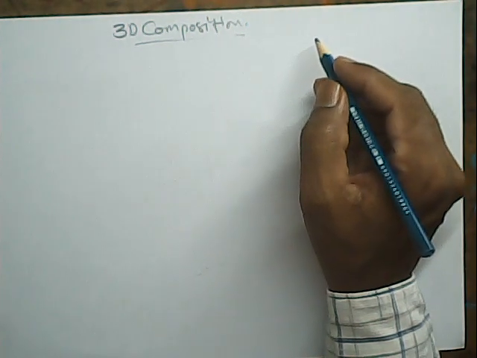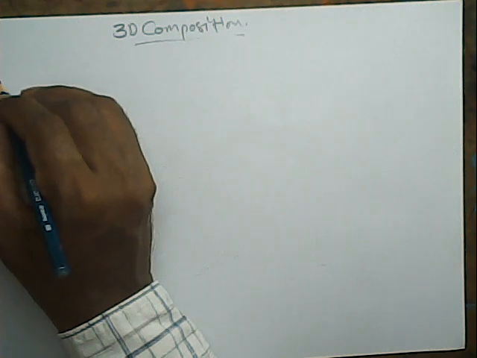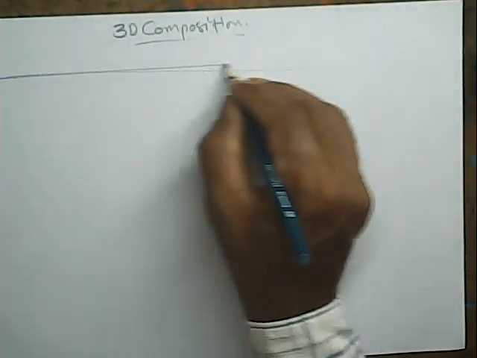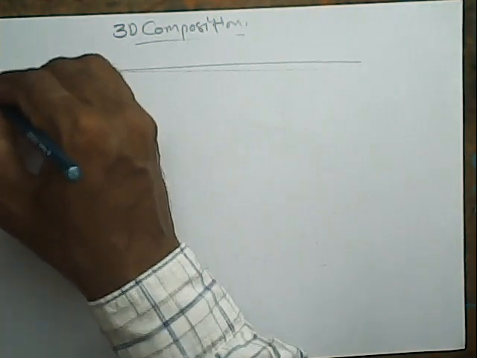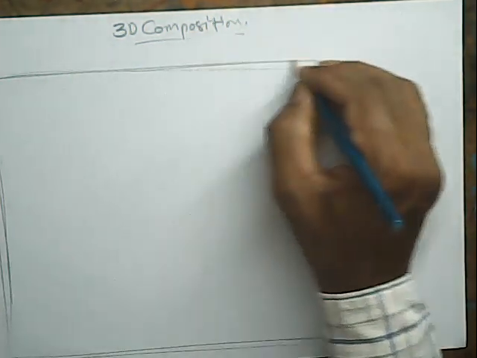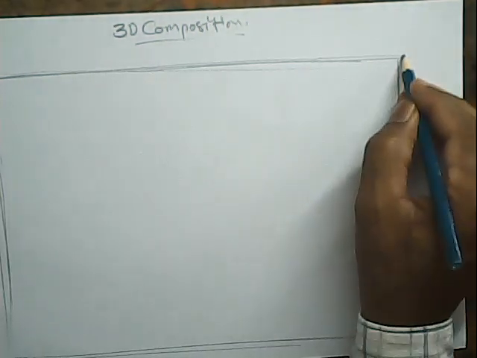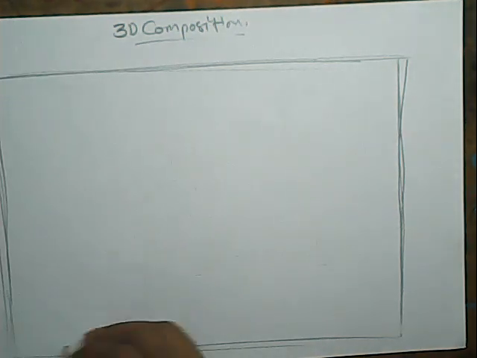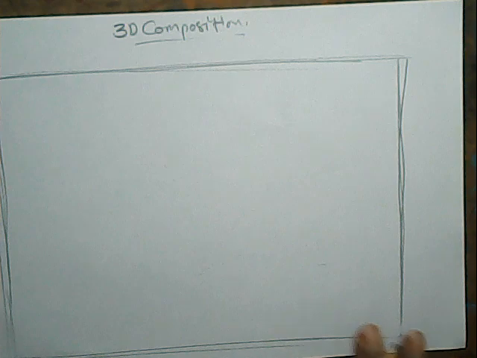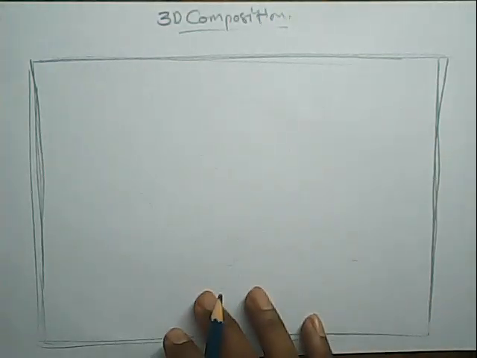First, I will show the work. Here is the frame I'm giving for the paper. For a 3D composition, or any composition, when the exam asks, use the paper horizontally, in landscape mode.